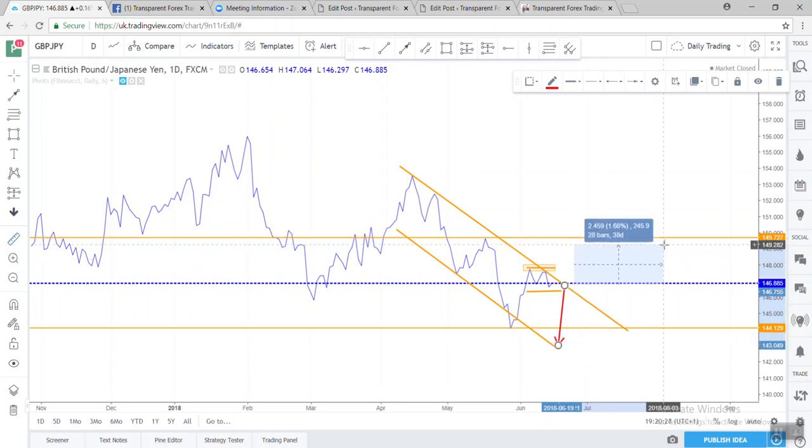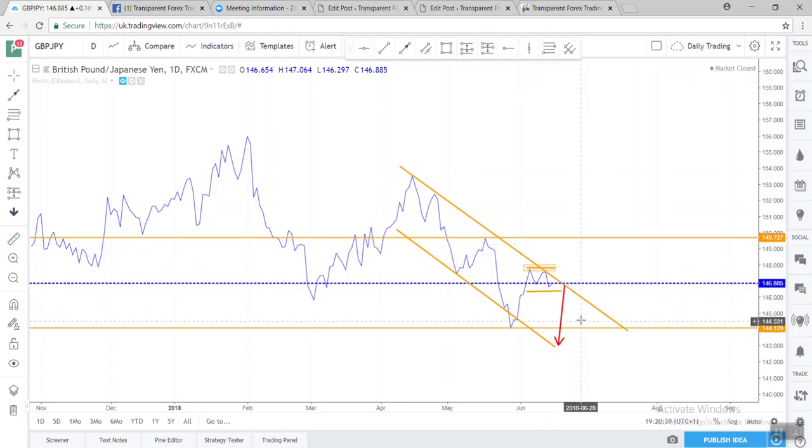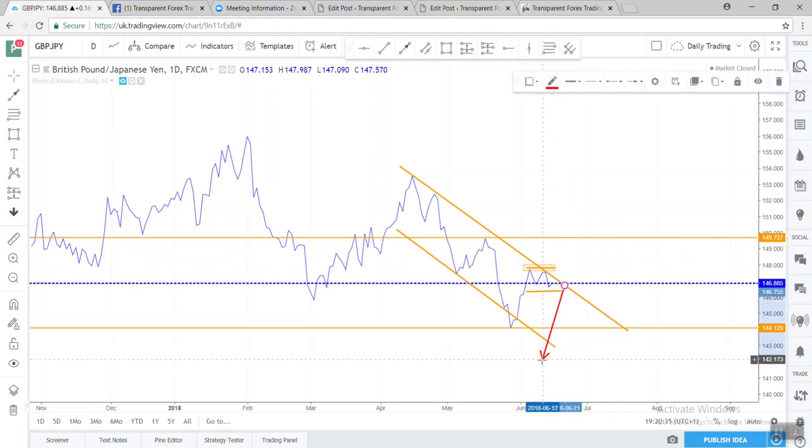I'm not going to wait that long. You're missing out. So, what's the worst that can happen? If it comes all the way down and breaks through and it's not a validated channel, you've still got 600 or 700 pips.